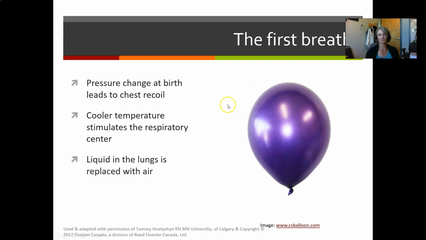So what happens with those first few breaths is we know that it's often that change of temperature, that cold, that gets the babes to take that initial breath, right? And then they'll sometimes start crying. As soon as we get that first deep breath, that's when we start to see those pressure changes internally. Those first few breaths start to push those fluids out of the lungs.